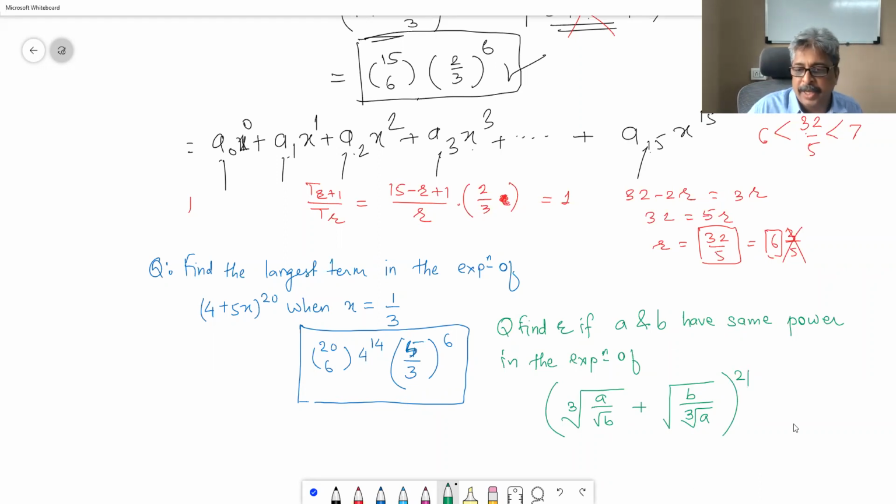Find r if a and b have the same powers in the expansion of cube root of a upon root b plus square root of b upon cube root of a raised to 21.